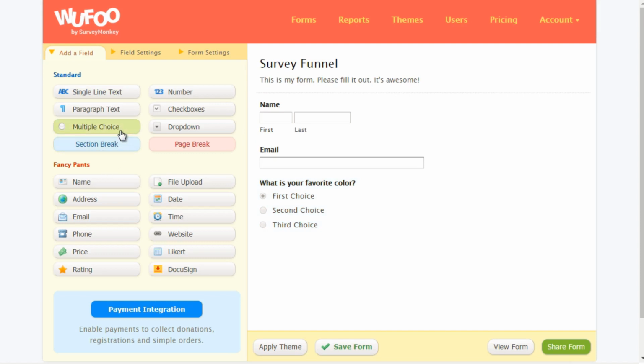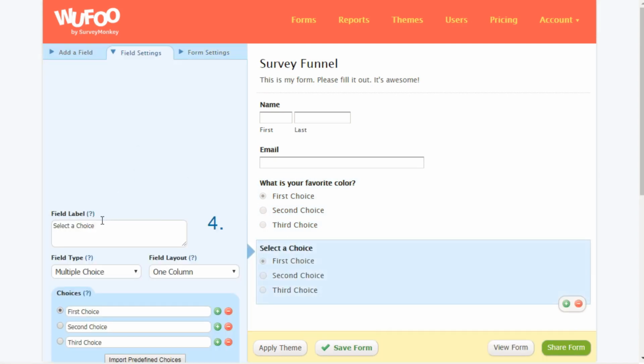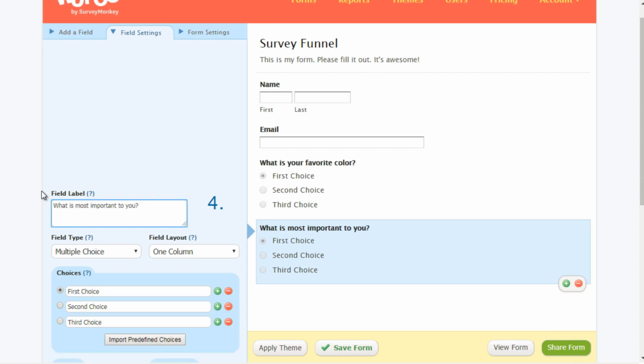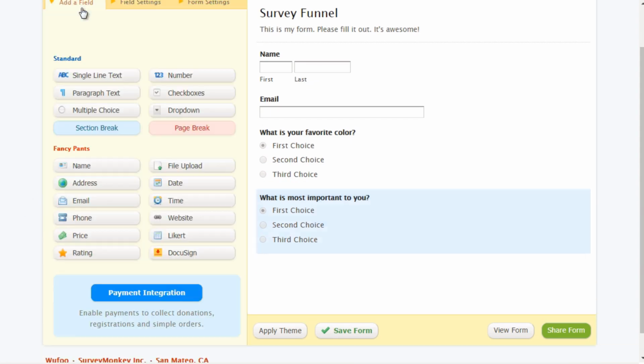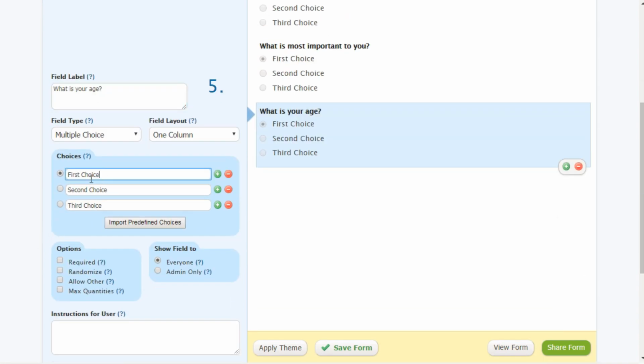And then you can get into the nitty-gritty, such as multiple choice. What is most important to you? We can add another one that says maybe what is your age? What is your age? So we can have 25 to 34.